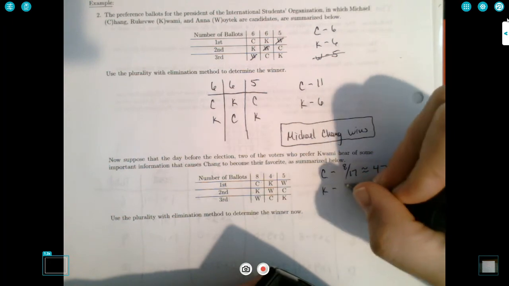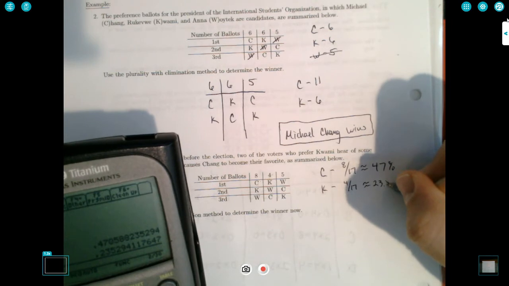K got 4 out of 17, which is like 23.5%. And W got 5 out of 17, which is about 29.4%.